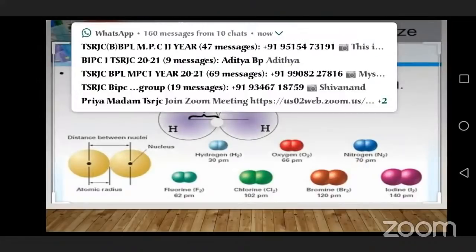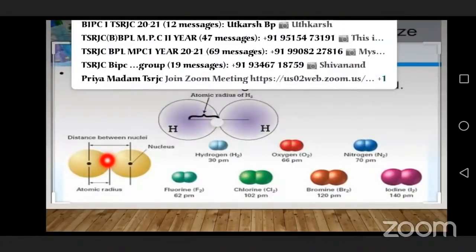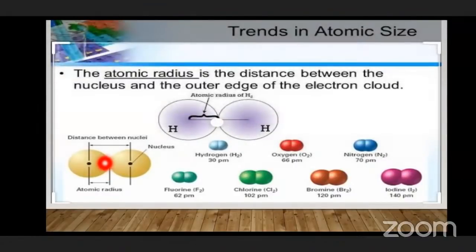Okay. So generally here we have one more picture also. The distance between the nucleus and the edge where the atom is sharing with another atom, where it contacts another atom up to this valency level, the distance between the nucleus and the electron cloud can be called the atomic radius itself.